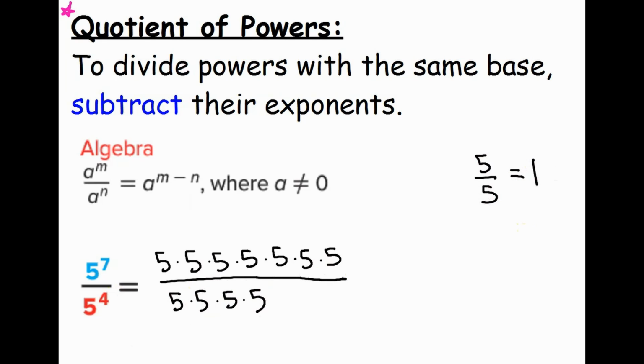So, in this case, I'm going to simplify, see if I have the same on numerator and denominator. So here's 5 over 5. They can reduce to become 1. 5 over 5, 5 over 5, 5 over 5. What's remaining? I got left with 5 to the 3rd power, which means you could have simply subtracted the exponents. So 7 minus 4, I still get 3.